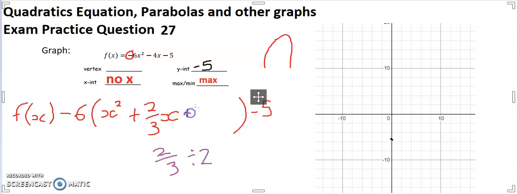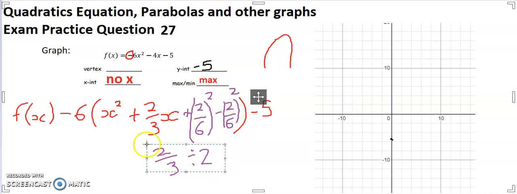So I need to add 2 over 6 squared, and I am taking 2 over 6 squared. Now I'm keeping in that form purely because we know when we factorize, our number is the two numbers that times together to equal c and add up together to equal 2/3. And I know that is 2/6.